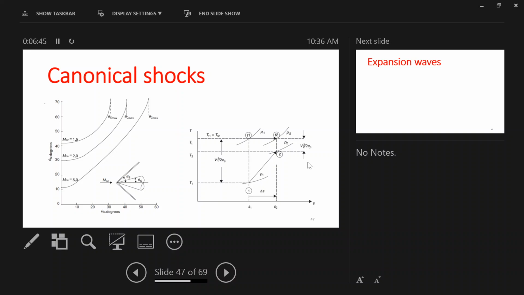This happens in a cone sooner, at smaller angles, because of the specific situation of a cone. So if your cone angle reaches like 60 degrees for Mach 5, your theta s is going to go to infinity. And this is in mathematical terms, right?